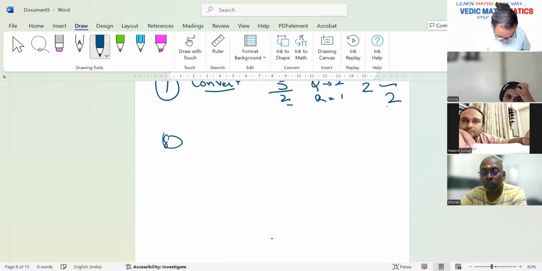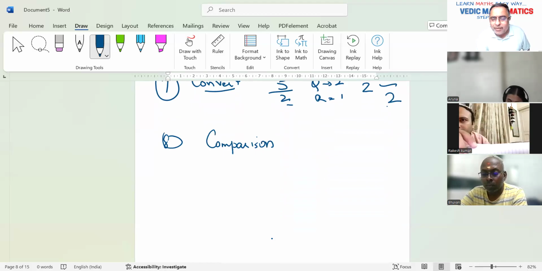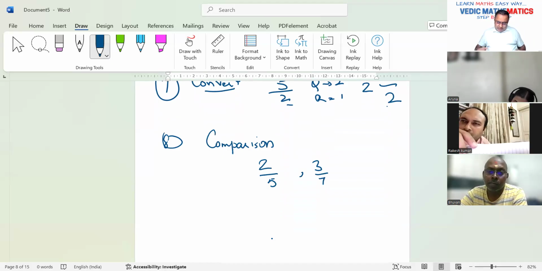Then there is a word called comparison among the fractions. How do you compare? For example, I have two numbers, 2/5 and 3/7. Which is bigger? How do you do? Making denominators equal, sir. 3/7 is bigger. How we do?